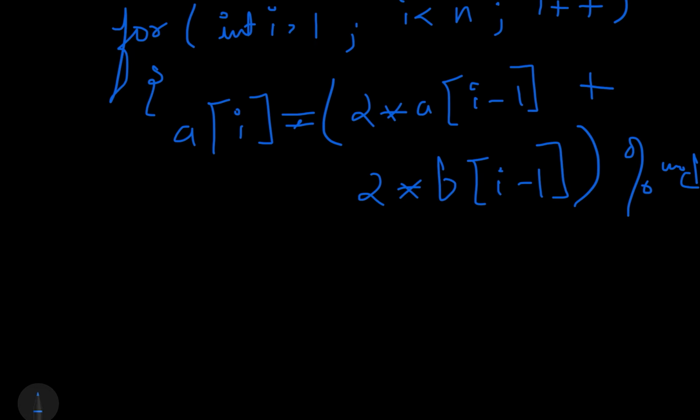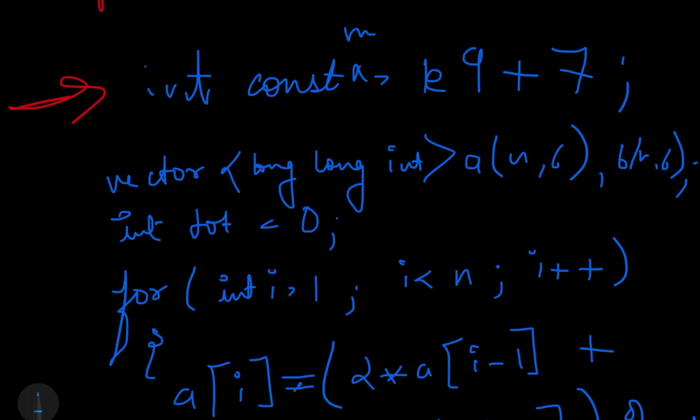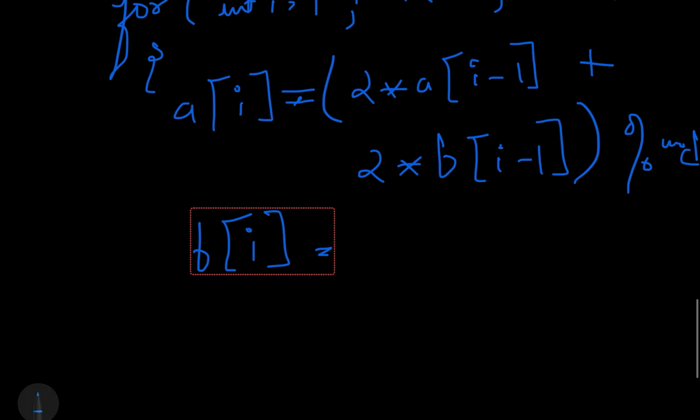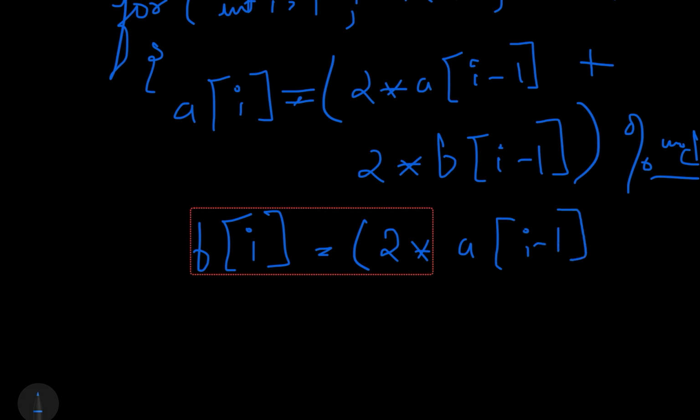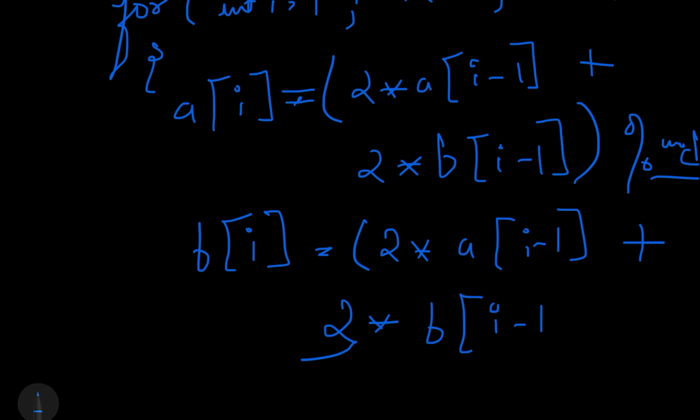Then what would our b of i be? Oh, I forgot to write mod here. This would be mod, and here it would be 2 into a of i minus 1 plus 3 into b of i minus 1.